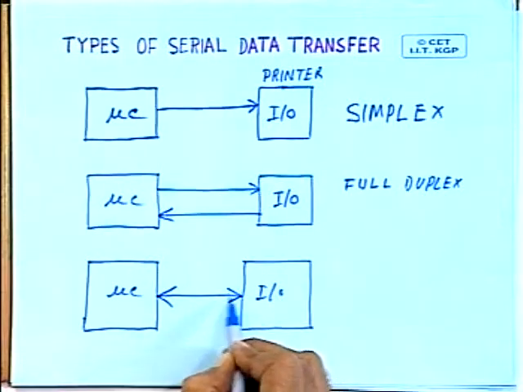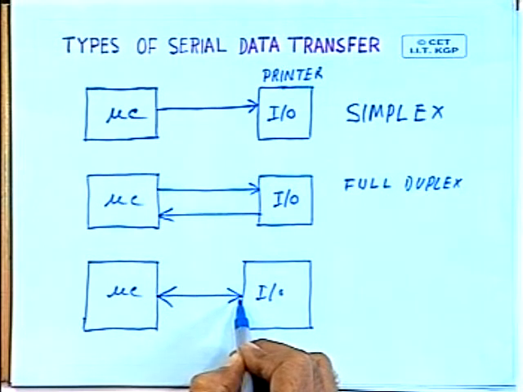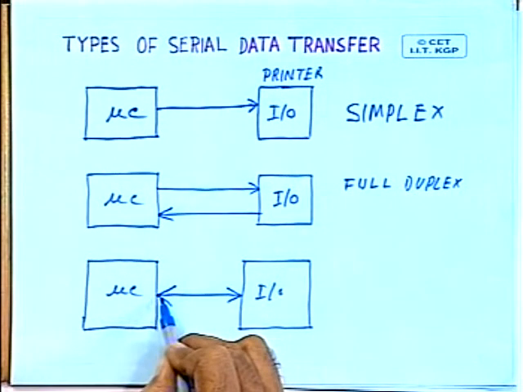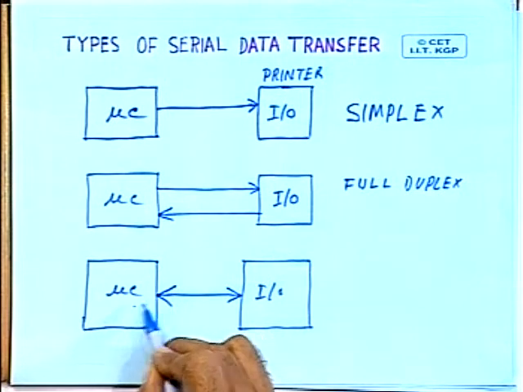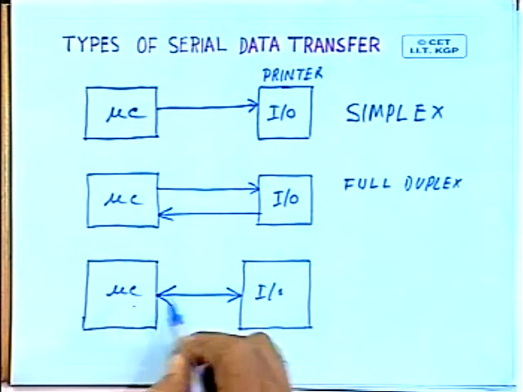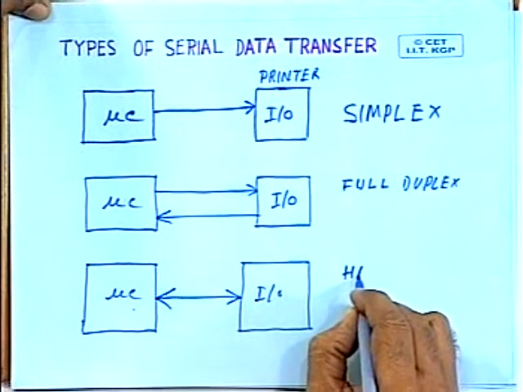Whenever the traffic police is talking, the other side is listening, and then he says over, and then he listens to what is being told from the head office. So there a common media or common carrier frequency is used for data transfer in both directions. So here also you have to make use of a suitable protocol for data transfer in both directions, because at a time it can go either from the microcomputer to the I/O or from I/O to the microcomputer, and this particular technique is known as half duplex.